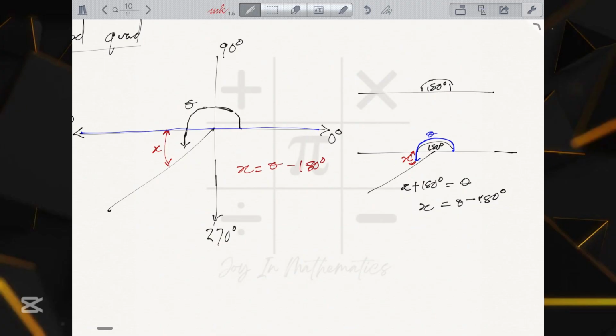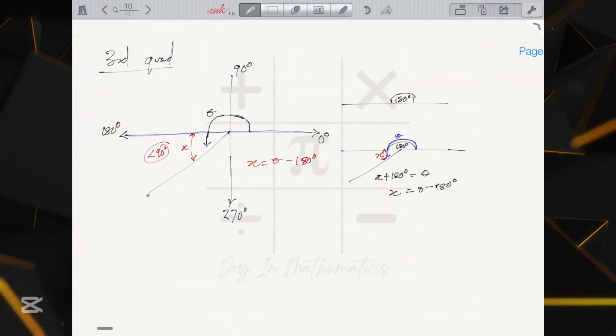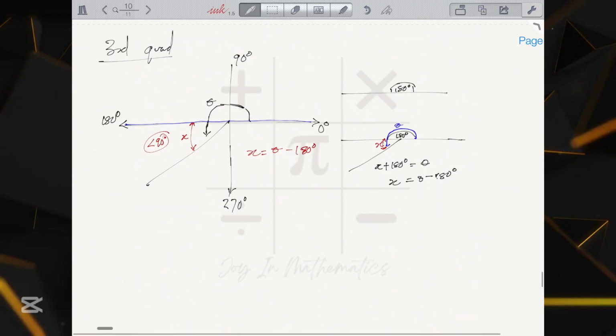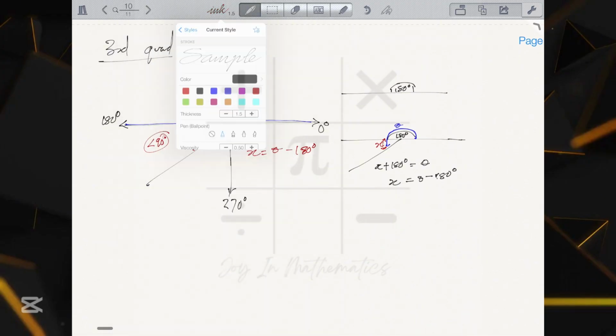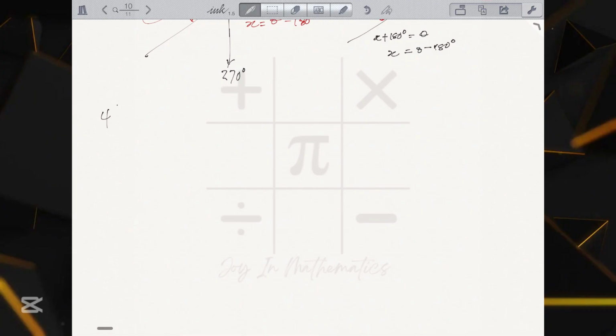So this angle here is also less than 90 degrees, which is the related acute angle. Let's move on now to the final quadrant, that's the fourth quadrant.